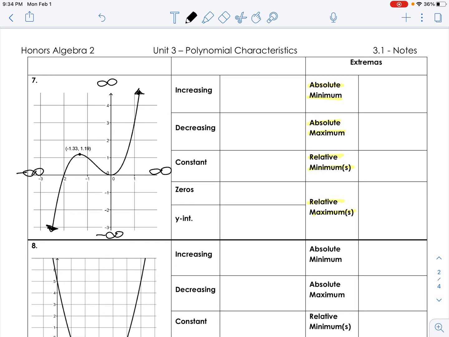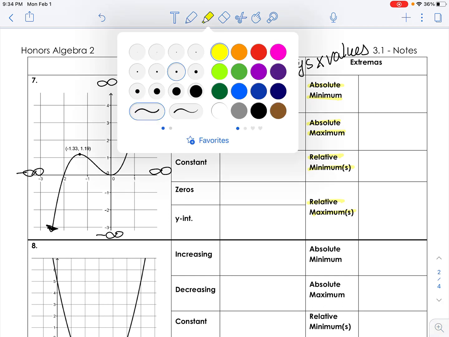All right, so remember when we're writing intervals, they are always x values. We want to remember that, okay? So let's start on this curve.